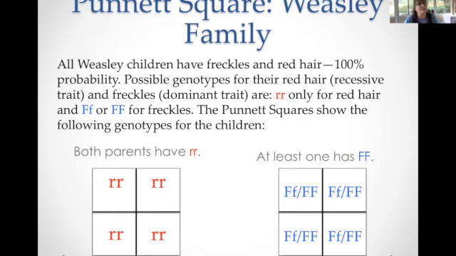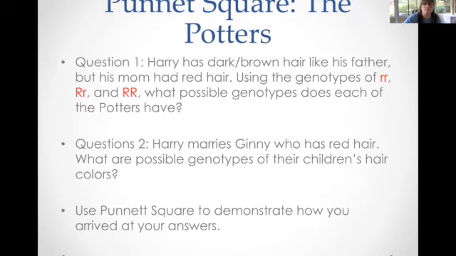And considering the Weasleys had that many kids and none of the kids came out without freckles, that seems highly unlikely. But if at least mom or dad was homozygous dominant for freckles, that means that parent always gave a capital F, which means the dominant gene was in every single child. So there you go.